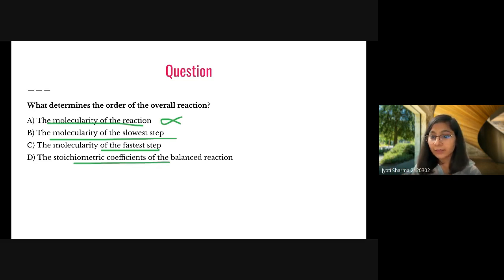Then in the previous question I emphasized that there is no correlation between molecularity, the stoichiometric coefficient, and the order of the overall reaction. So this will not be the answer. So let's see the answer.